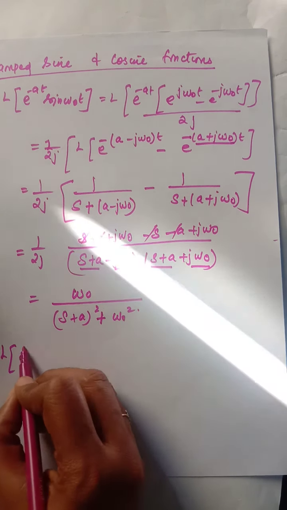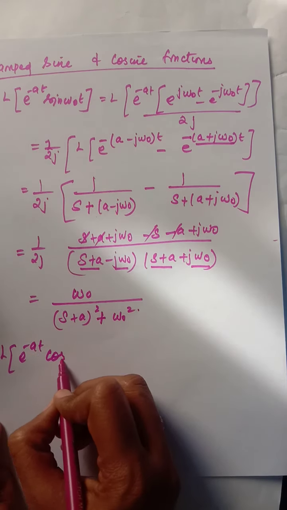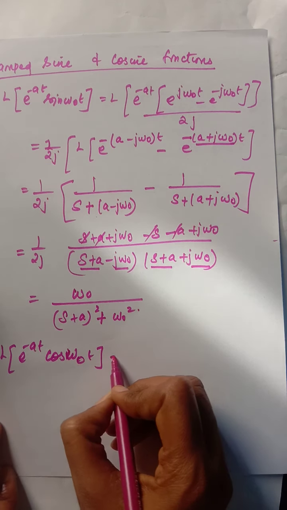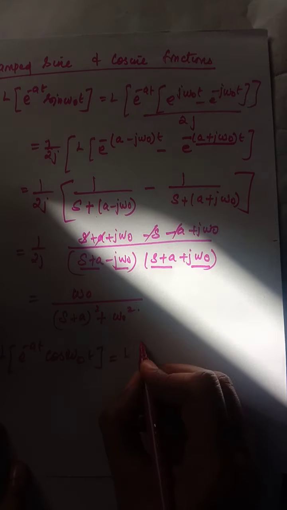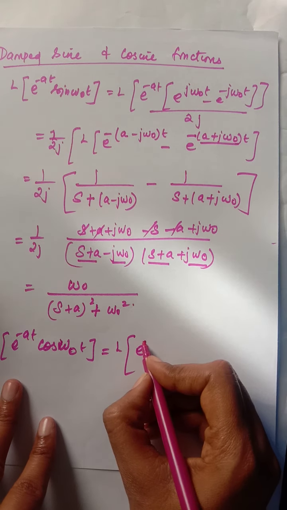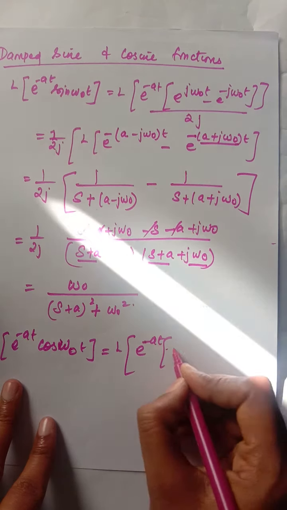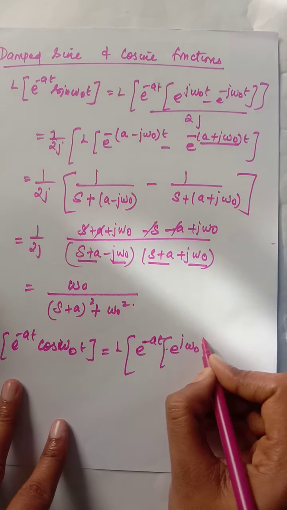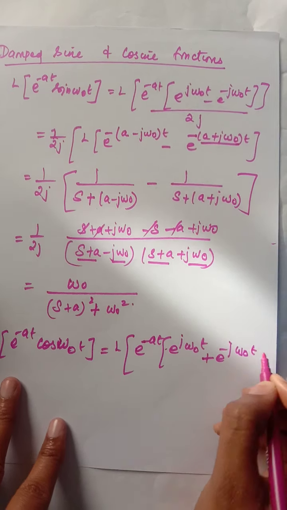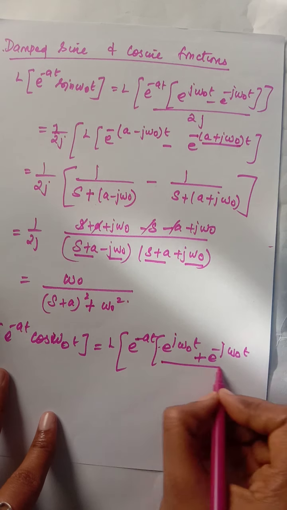The damped cosine, cos omega naught t, is the Laplace transform of e power minus at into e power j omega naught t plus e power minus j omega naught t divided by 2.